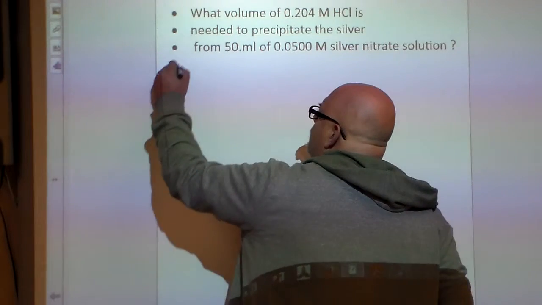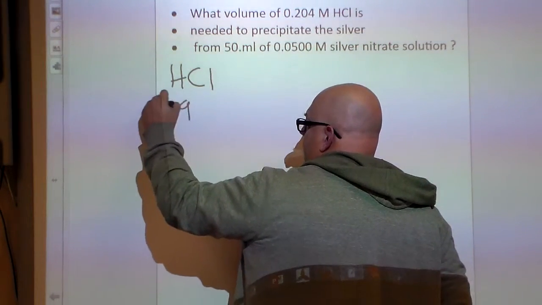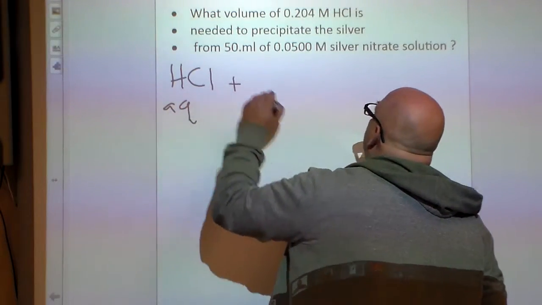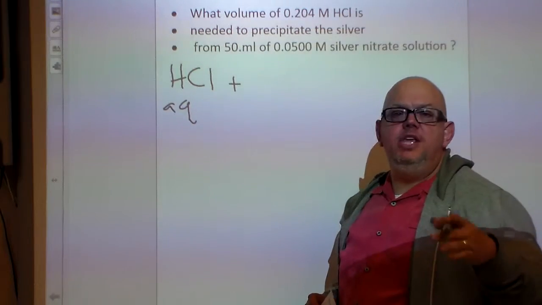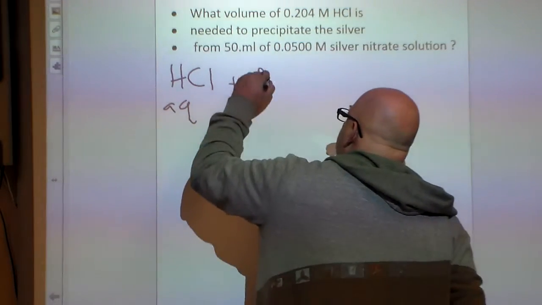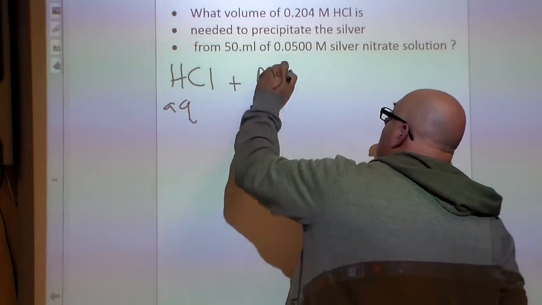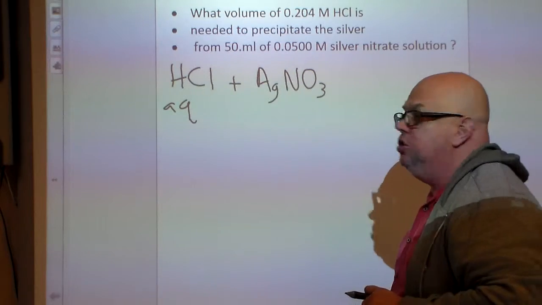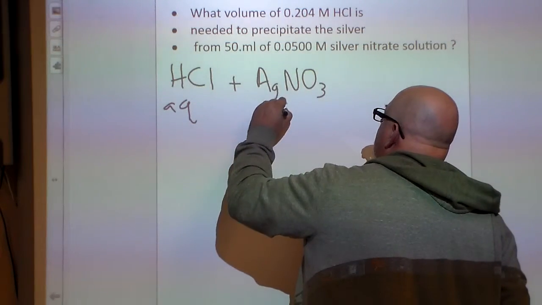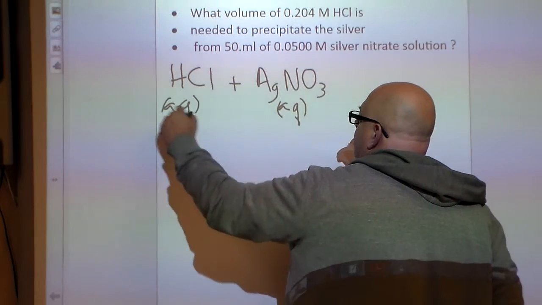We have an equation of HCl, in an aqueous solution, plus, now wait a minute, what is silver nitrate? Well, it's AgNO3. The Ag is the silver. It always has a +1 charge, and the NO3 always has a -1 charge. So again, this is another aqueous solution that we have.